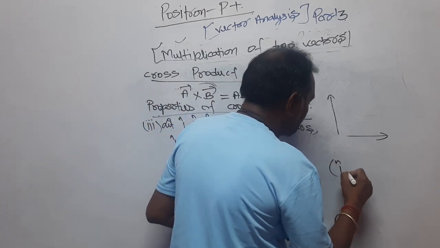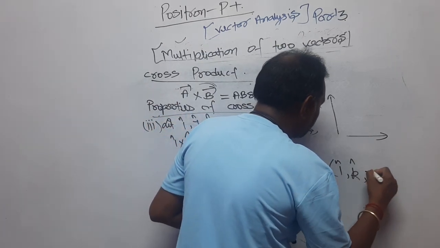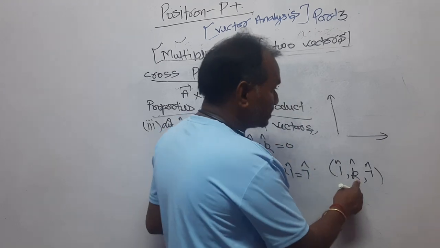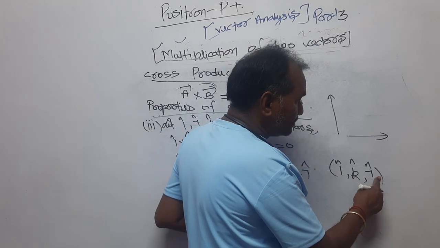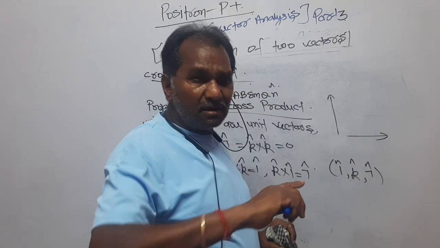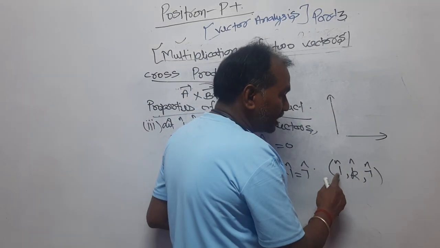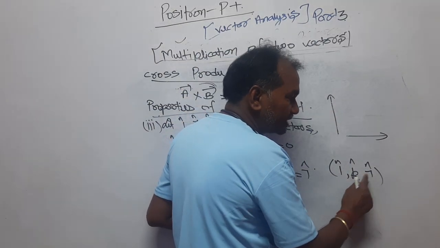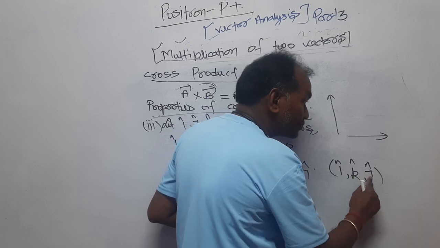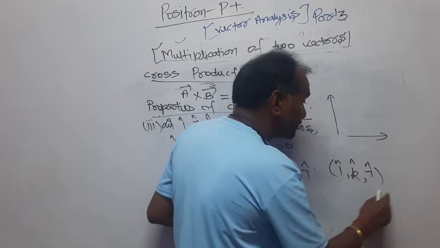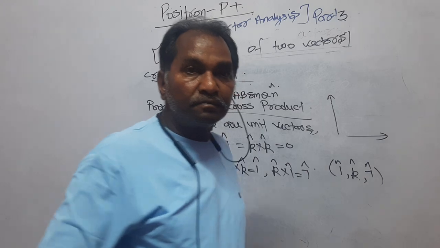Simply you can write this: i cap, k cap, j cap. i cap cross k cap equal to j cap, right? In the same way, it is moving in a clockwise order. i cap cross k cap equal to j cap, k cap cross j cap equal to i cap, j cap cross i cap equal to k cap.